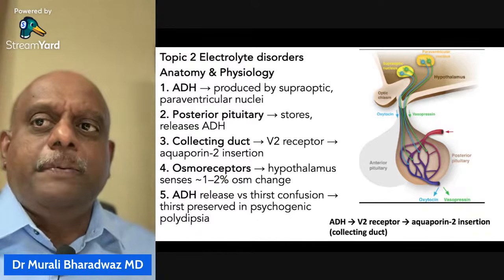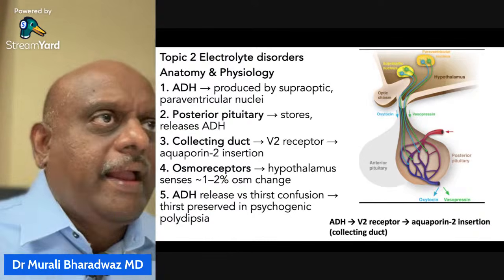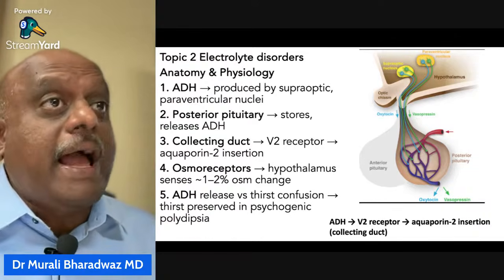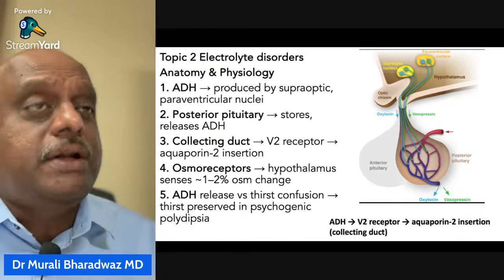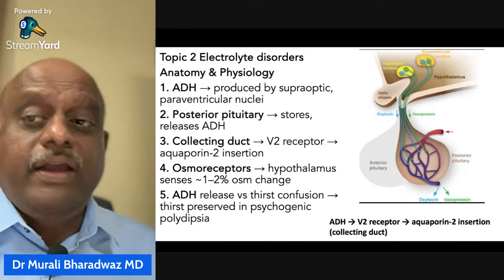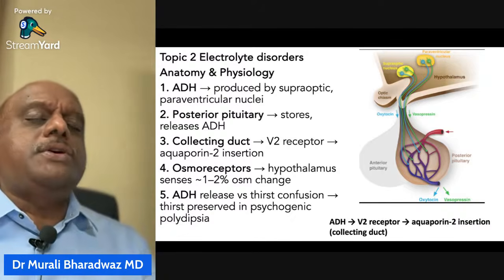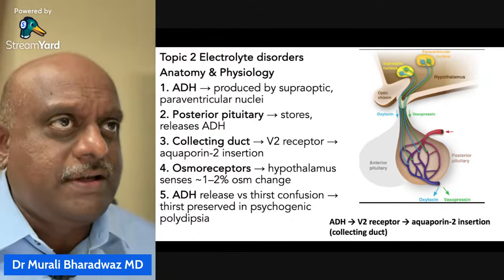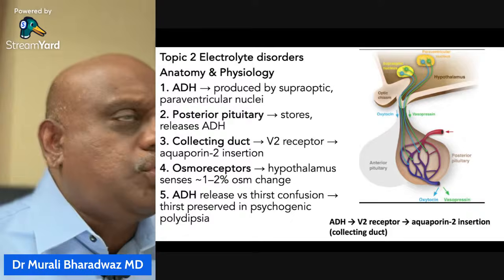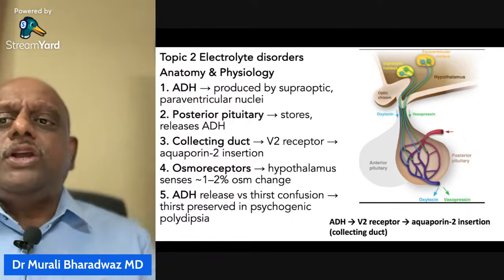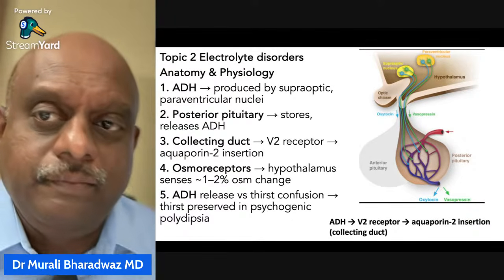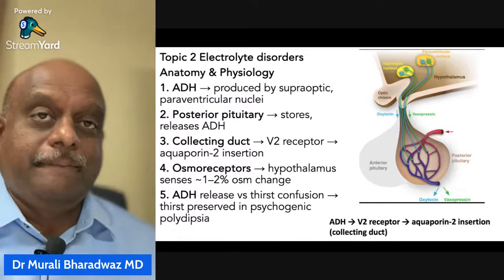Pituitary only stores it. And it is the V2 receptor, which is the aquaporin 2 channel insertion in the collecting duct, where the ADH will be acting. And the osmoreceptors are located in the hypothalamus, and they can sense even 1 to 2% change in the osmolarity is what you need to remember.